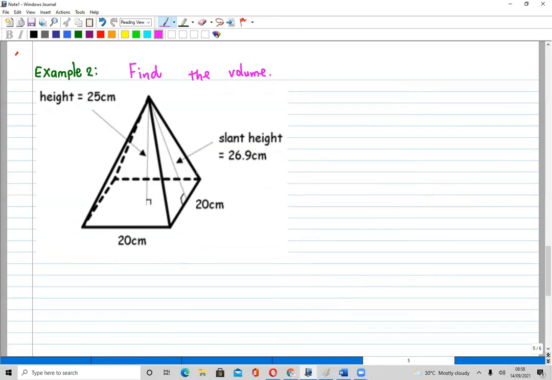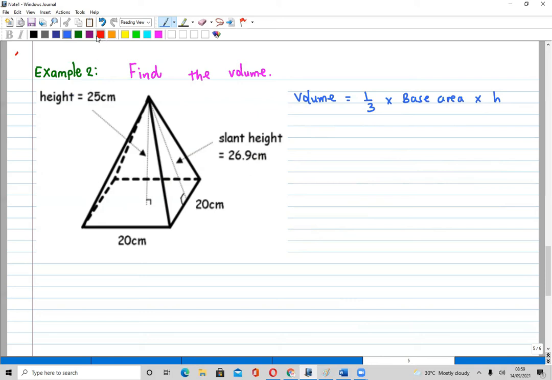Since I'm finding the volume, the formula will be that volume is equal to a third times base area times height.